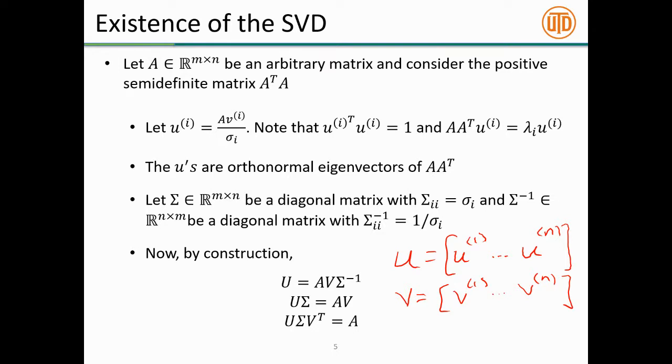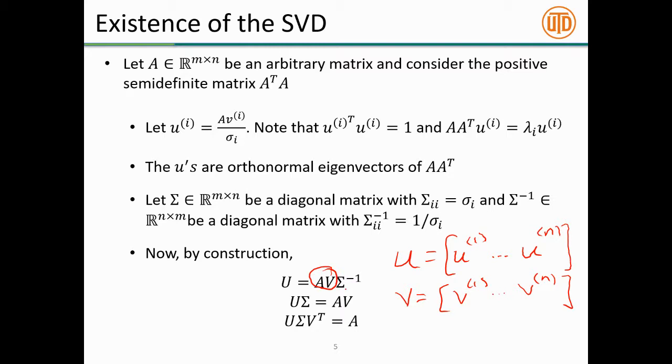By construction, though, if we take the matrix A and multiply it by this matrix V, what we get back is a matrix whose columns are A times V1, A times V2, and so on.